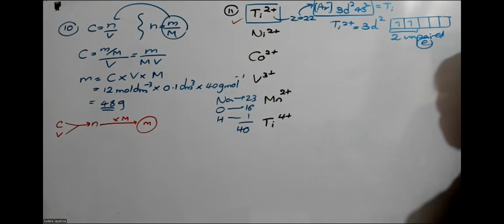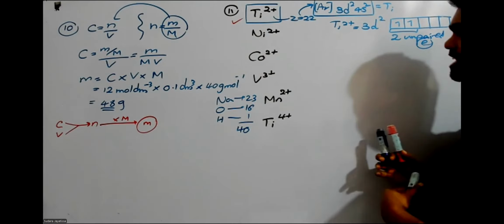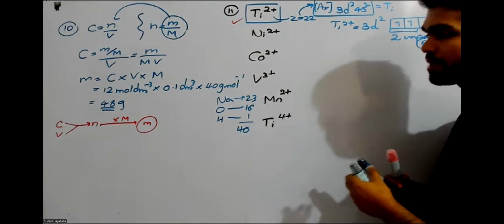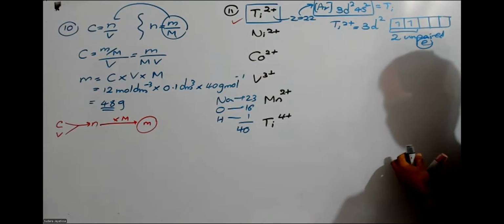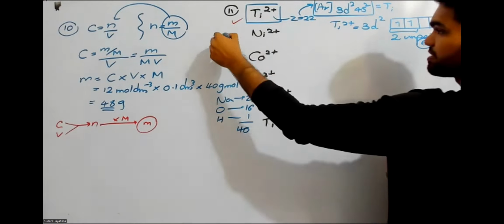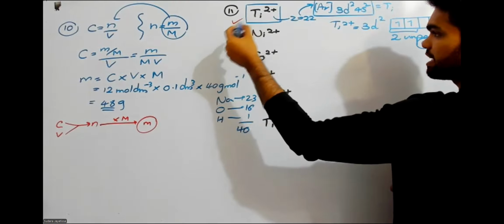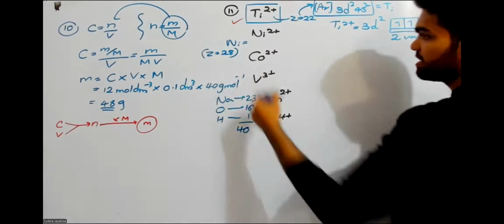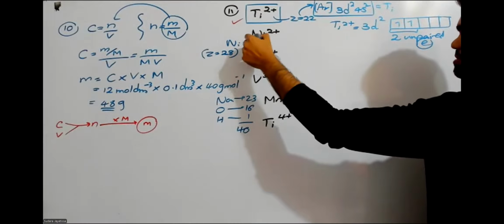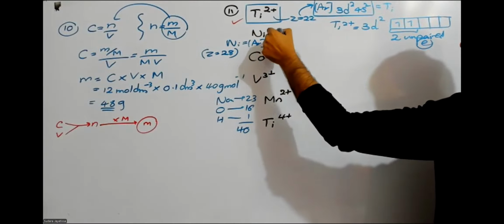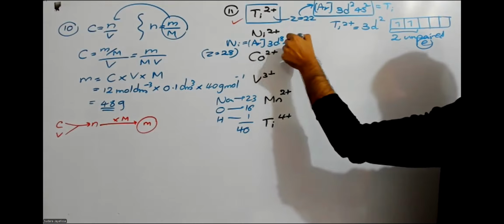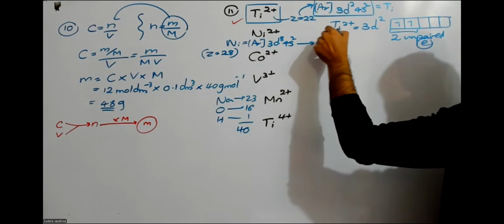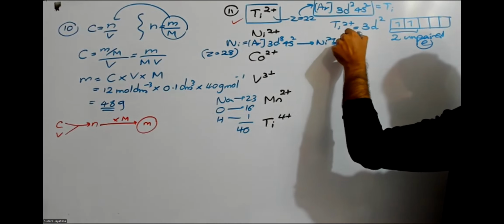Let's do the same thing for nickel. You can do it in your mind also, right? Nickel's atomic number is 28, so the configuration is argon 3d8 4s2. Then nickel 2 plus is argon 3d8.